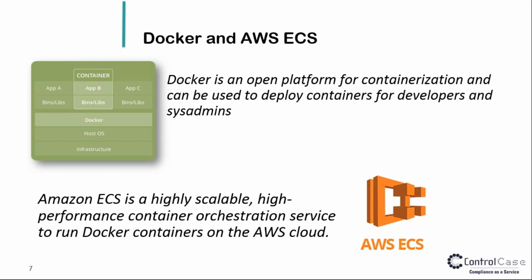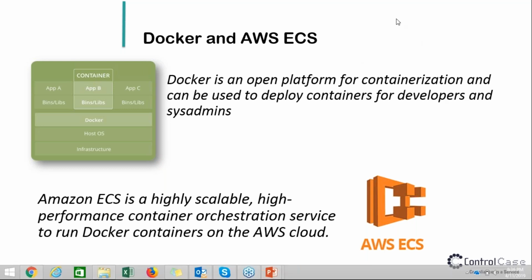Amazon ECS is a highly scalable, high performance container orchestration service to run Docker containers on the AWS cloud. It launches containers in your own Amazon virtual private cloud, allowing you to use your VPC security groups and network access control lists. It is deeply integrated with AWS services, including Elastic Load Balancing, VPC, IAM, CloudWatch, CloudFormation, and AWS CloudTrail.